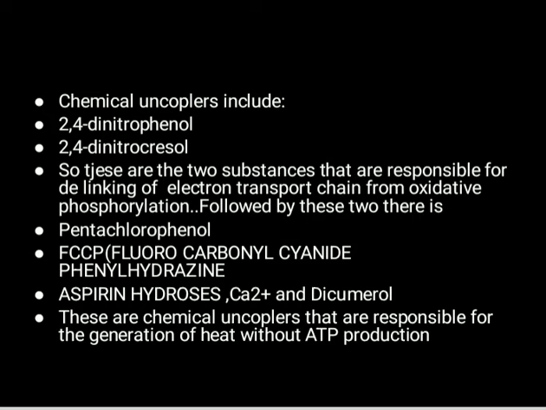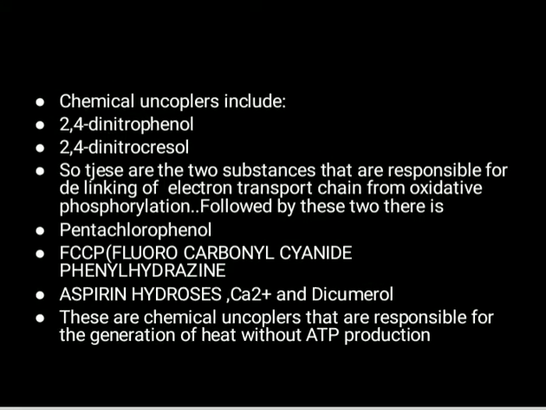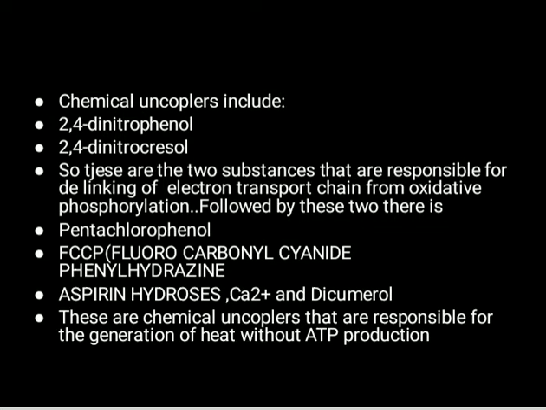Followed by these two are pentachlorophenol, FCCP, which stands for fluorocarbonyl cyanide phenylhydrazone, aspirin, calcimycin (Ca2+), and dicumarol. These are the chemical uncouplers responsible for the generation of heat without ATP production.